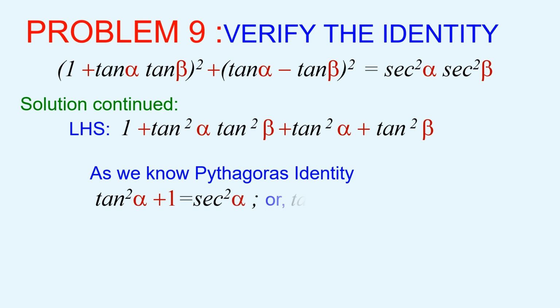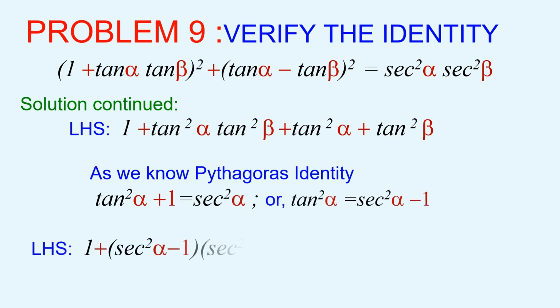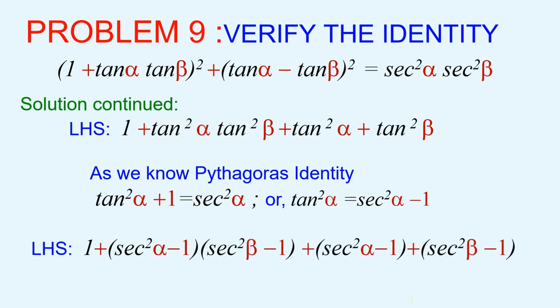Using Pythagoras' identity, square of tangent of alpha equals square of secant of alpha minus 1. And solving it, open the brackets and arrange the terms.